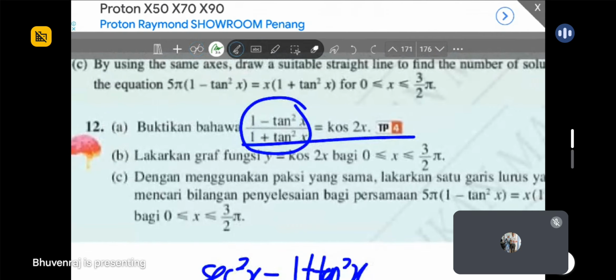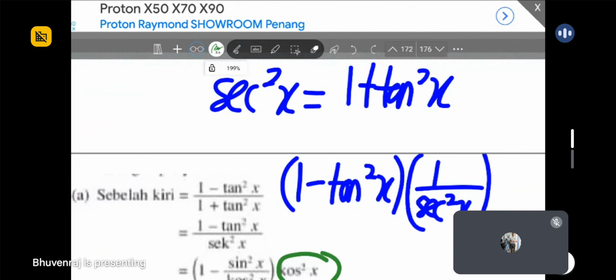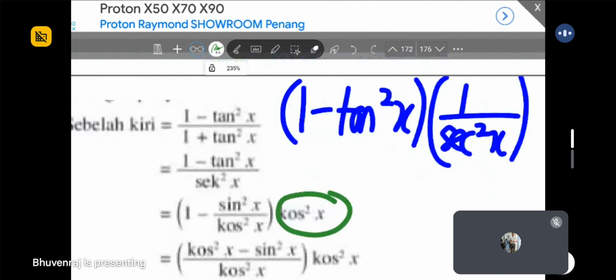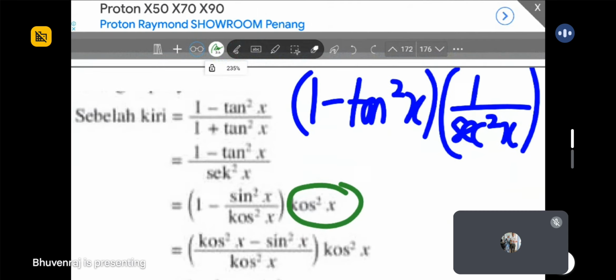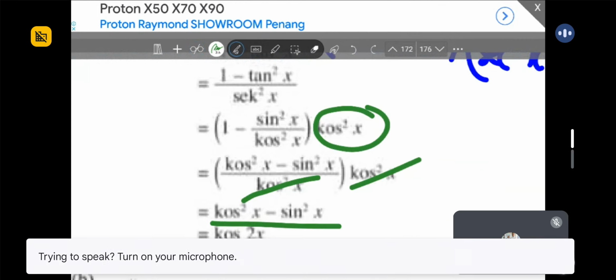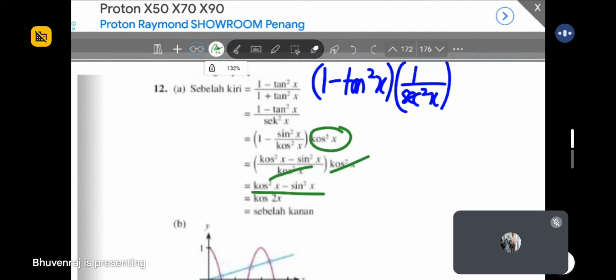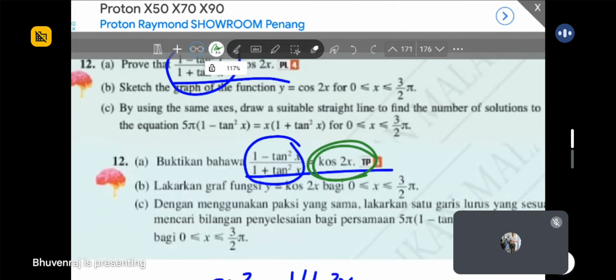Because I want to get my answer as cos only. Then you can combine these two into a single fraction. You can see that cos square x cancels, and this is your identity, equal to cos 2x. So that's why the answer is cos 2x. That's all. So this is for question A.